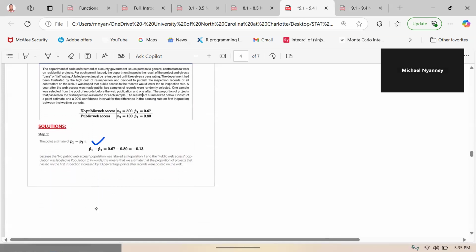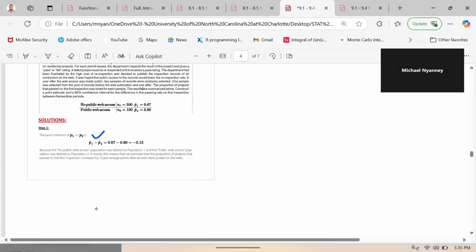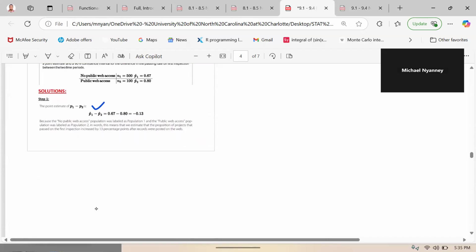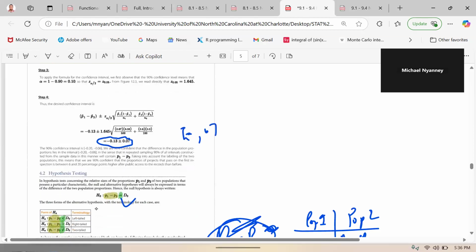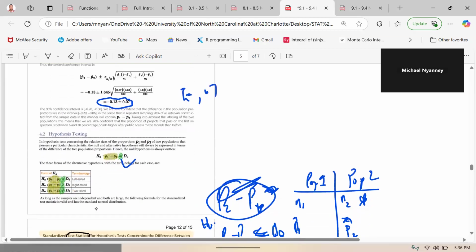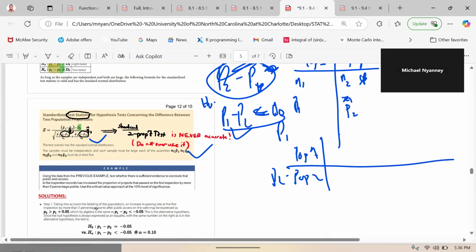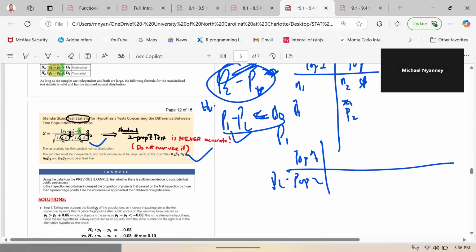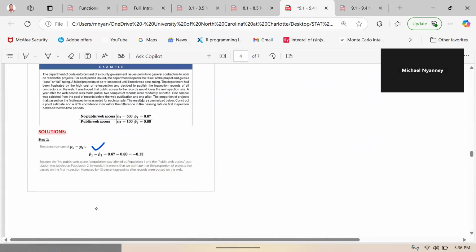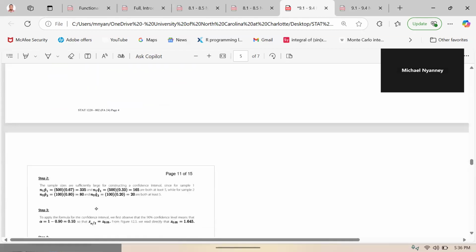Population 1, population 2, or proportion 1, proportion 2. Which one has to come first to construct our HA? We have to test whether there is evidence to conclude that the public web access will be our P2, right? That is the second row.